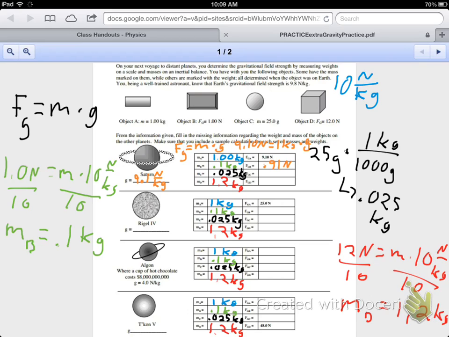Multiply mass C by the gravitational field strength, so we take 0.025 kilograms, multiply that by 9.1 newtons per kilogram, we get 0.2275 newtons. And same thing for mass D, 1.2 kilograms times 9.1 newtons per kilogram. We will get 10.92 newtons.